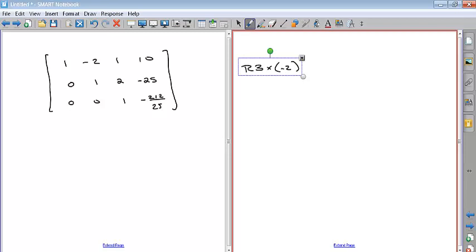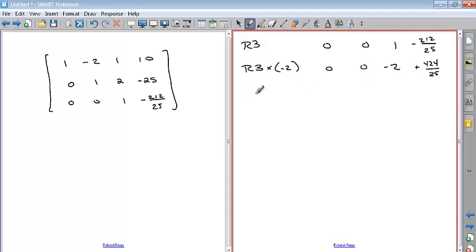Row 3 is one we're not going to change because we've already got that down to the exact thing. So row 3 is 0, 0, 1, -212 over 25. So if we multiply row 3 by -2, you get 0, 0, -2, and -2 times that is positive 424 over 25. So the denominator stays the same, but you just double the numerator and change the sign.